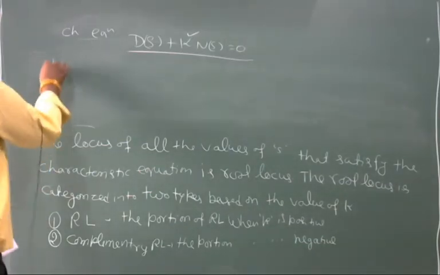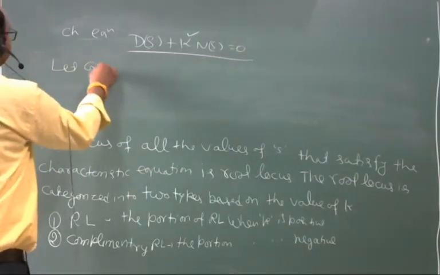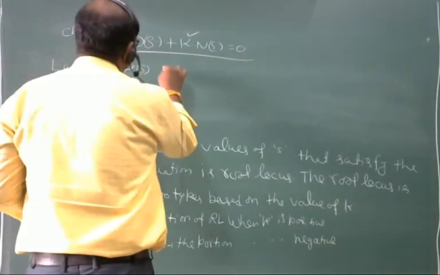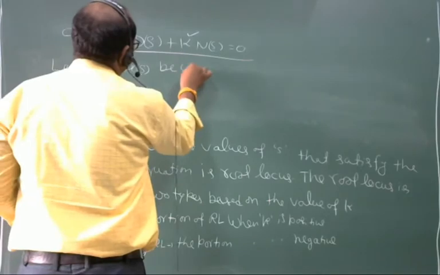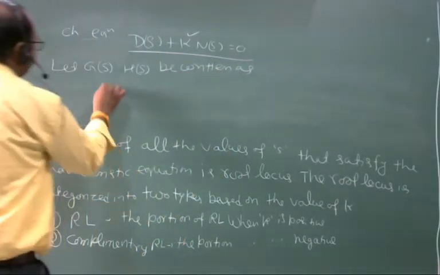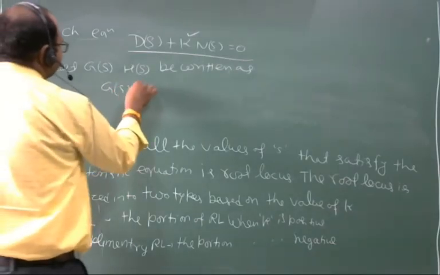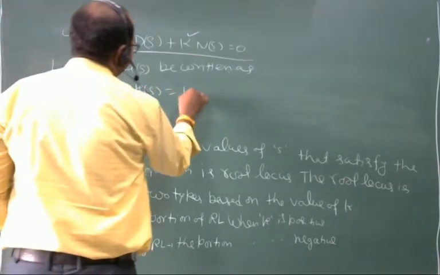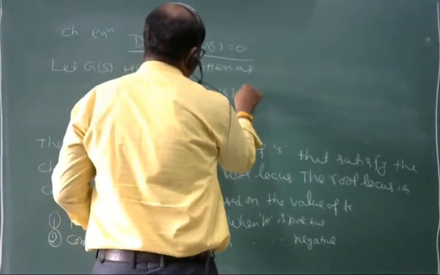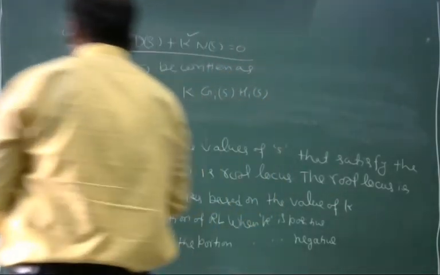Let G(s)H(s) be written as G(s)H(s) is equal to k G1(s)H1(s).